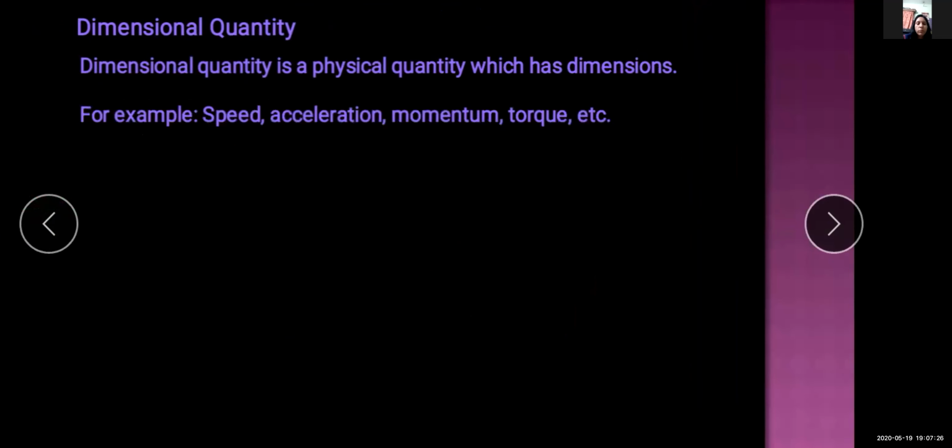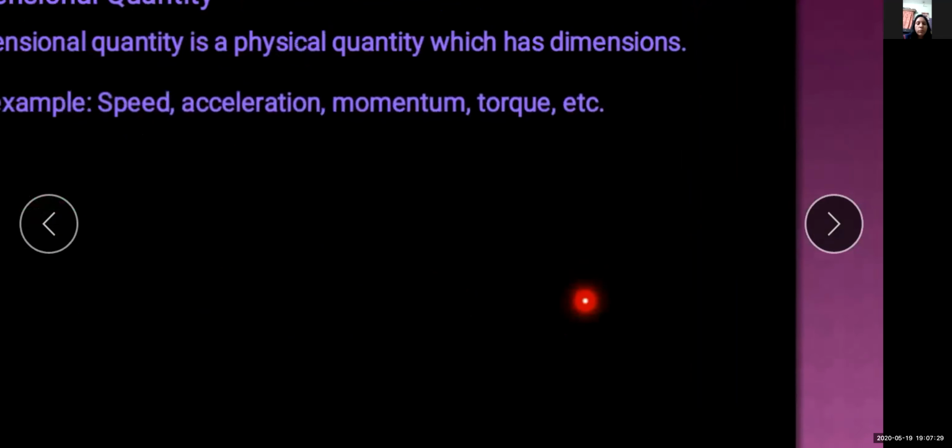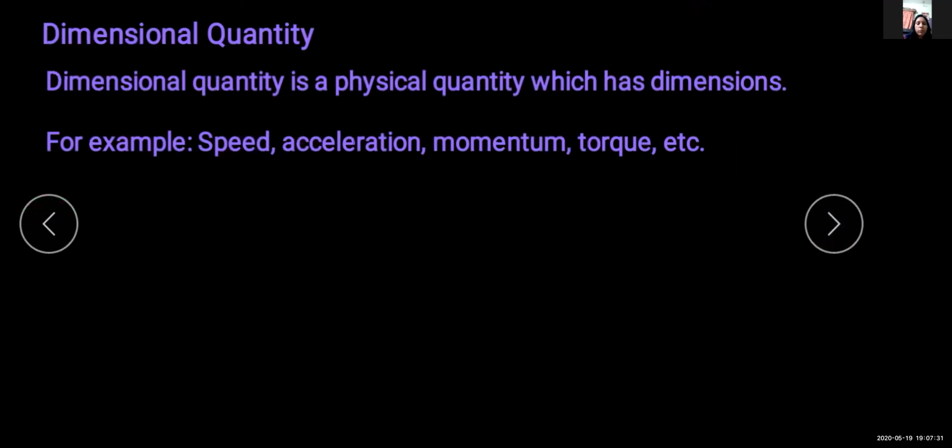Dimensional quantity is a physical quantity which has dimensions. For example, speed, acceleration, momentum, torque, etc. Write the dimensional formula of these quantities.